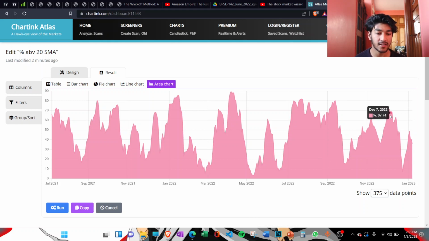And similarly, whenever it reaches above 70%, you can start trimming your positions, reduce your position size, and shift your stop losses tight, so that the damage would be minimum. So this is a very simple tool.